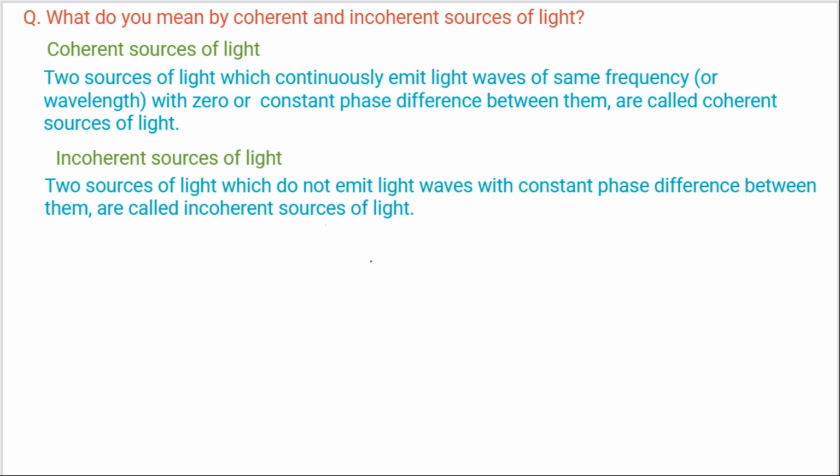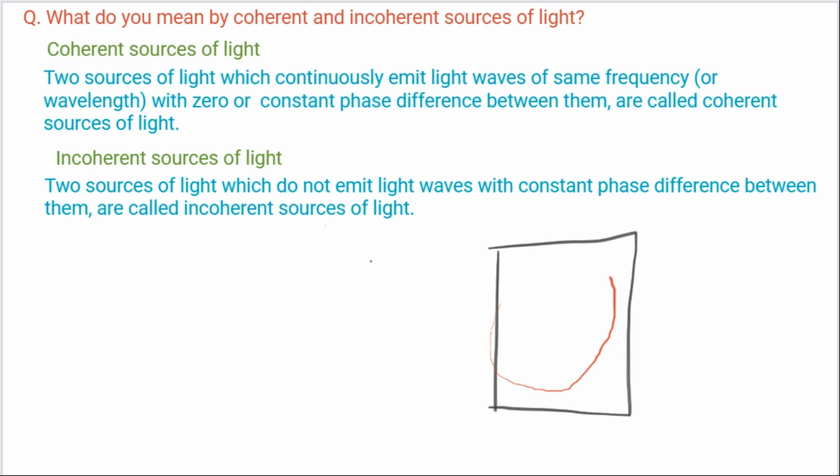Suppose this is my screen. You will get light incident on the screen, and you will notice no interference pattern. All of the light will be illuminated. The light will fall at every point with an equal amount of intensity.